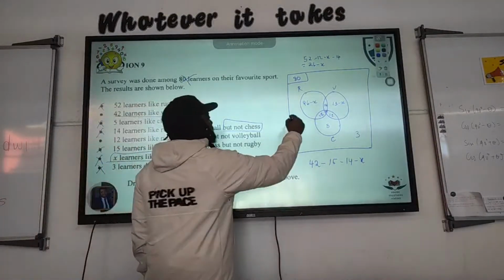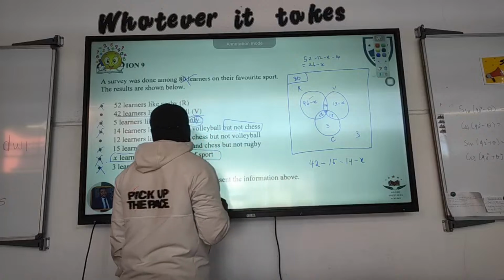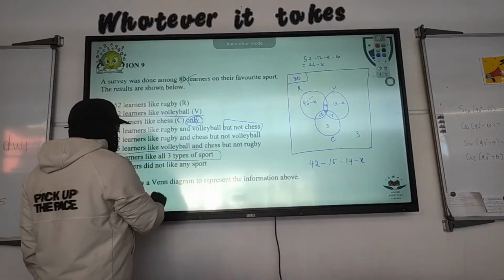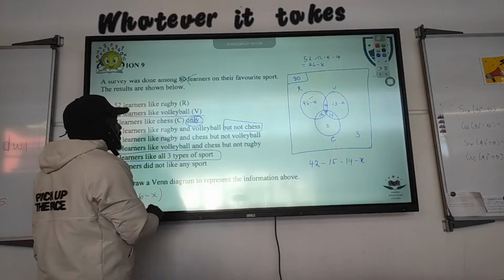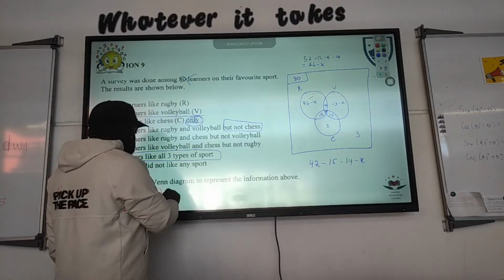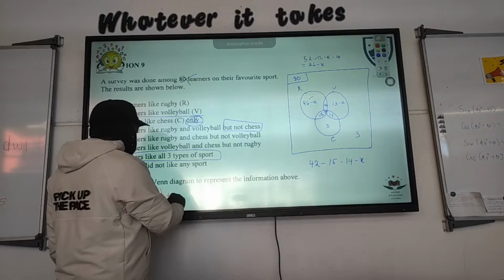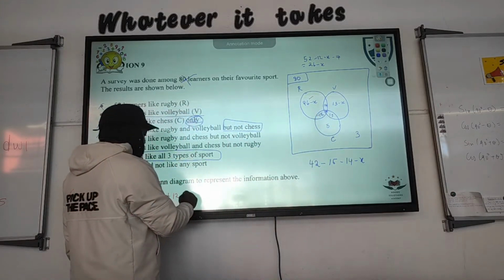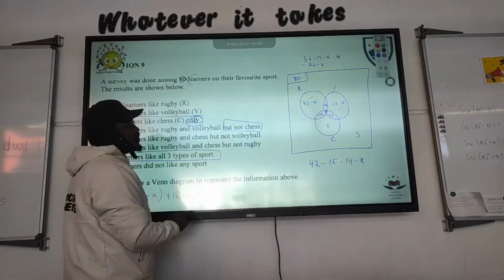So I will start by marking them off. I'm going to add them together. I have 26 minus x. I have 12. And I have 14.